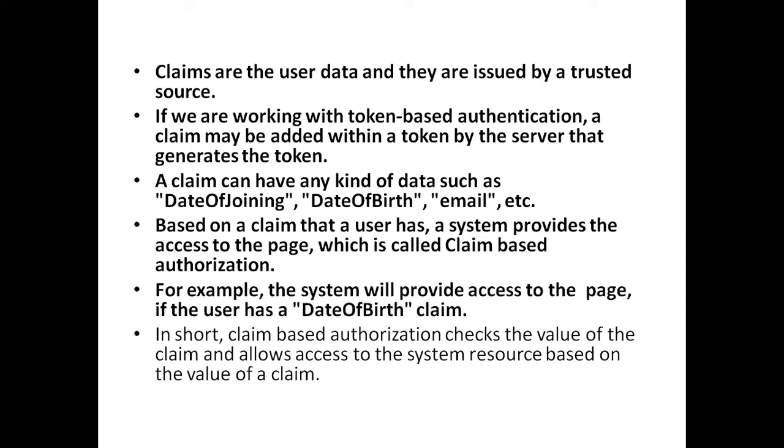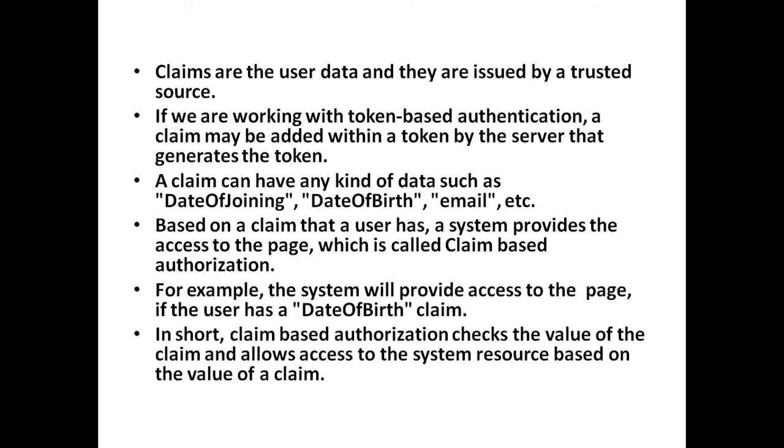For example, the system will provide access to the page if a user has a date of birth claim. In short, claim-based authorization checks the value of the claim and allows access to the system resource based on the value of a claim.